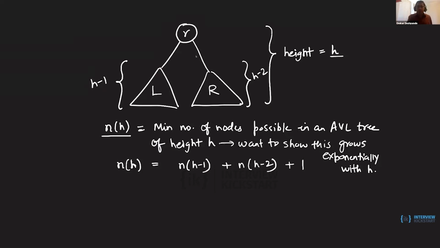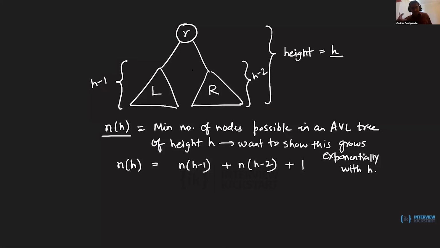Yeah, Abhishek. Hey Omkar, so why do you say that the balance factor for the root node cannot be zero? Why do you assume that? Because if it was 0, then that means both subtrees have a height h minus 1, and obviously the bigger the height of a subtree, the more the number of nodes in it.